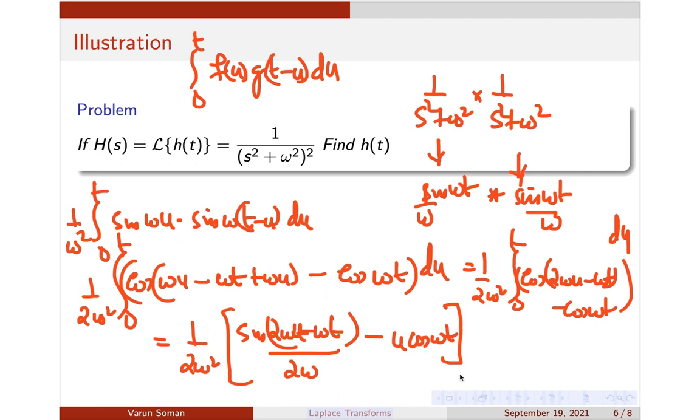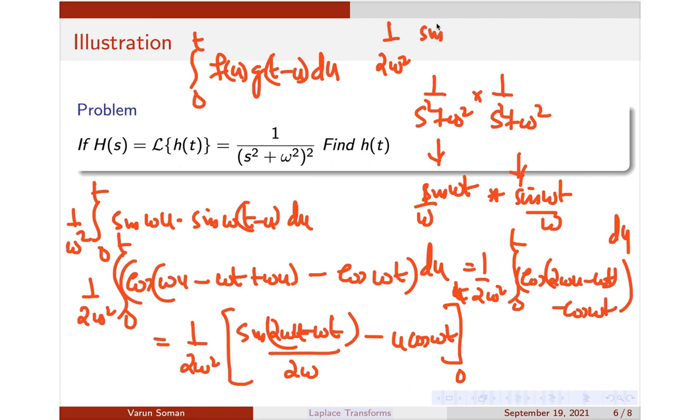And then the limit is 0 to t here. When you substitute, you will be getting sine 2 omega t minus omega t, that is sine omega t. So it is actually 1 by 2 omega square into sine omega t by 2 omega.